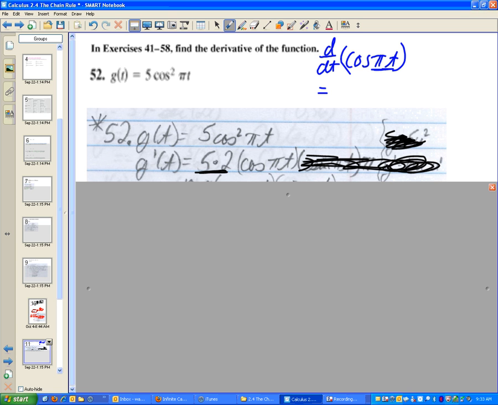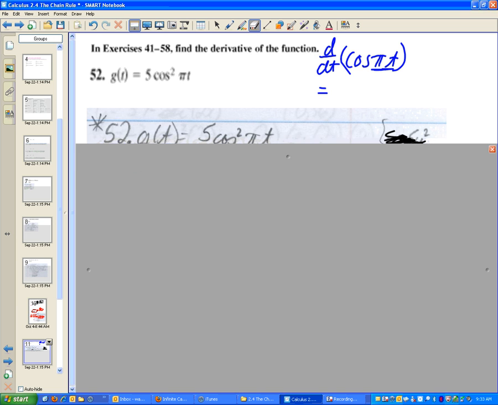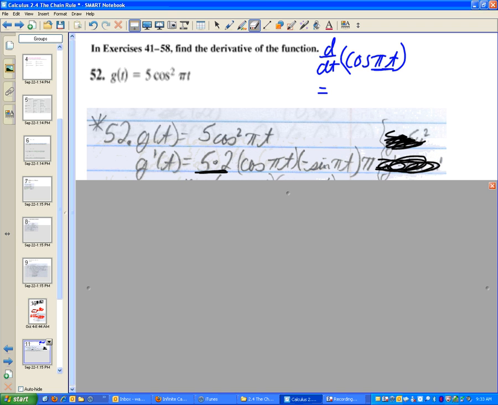So the derivative of the cosine of u is negative sine of u times the derivative of u. And what's the derivative of pi t? It's pi.